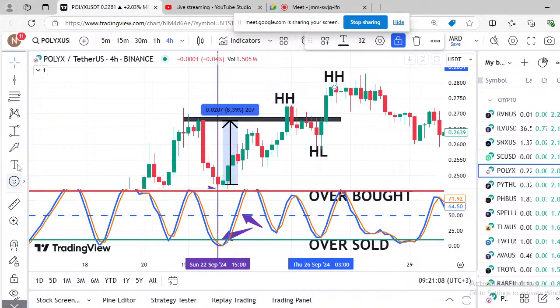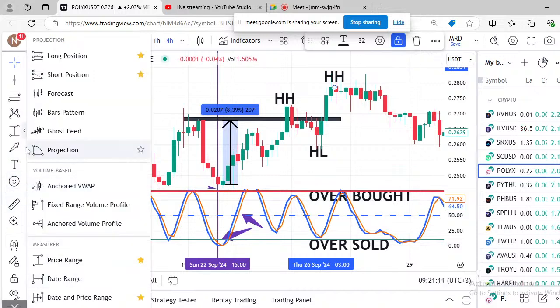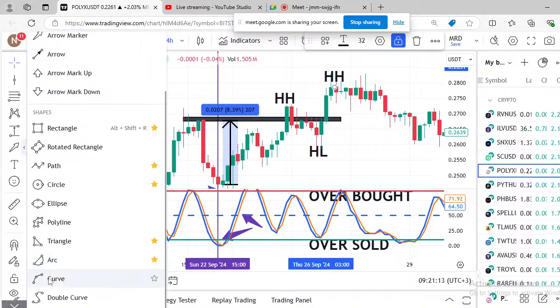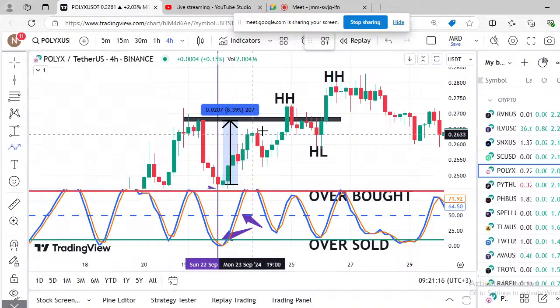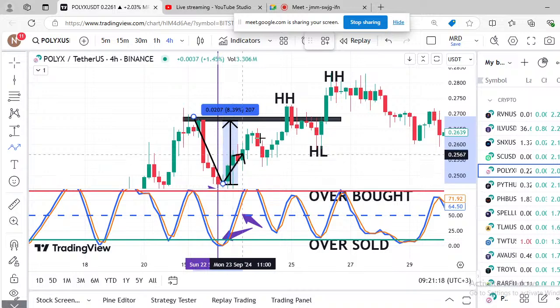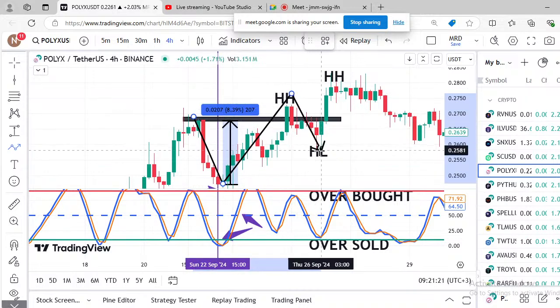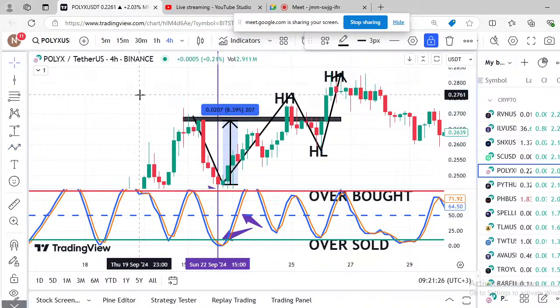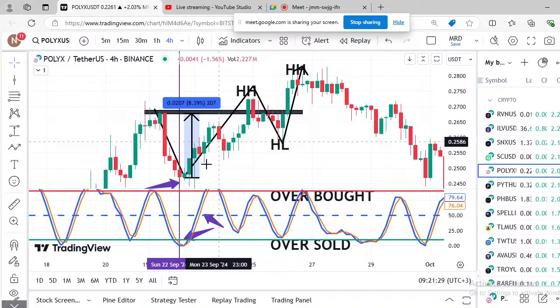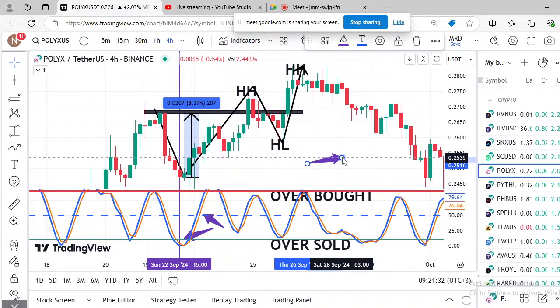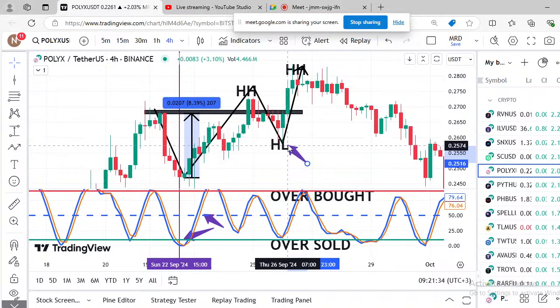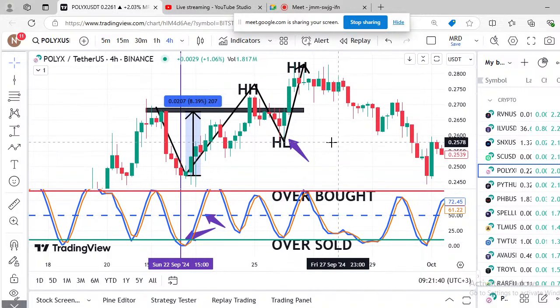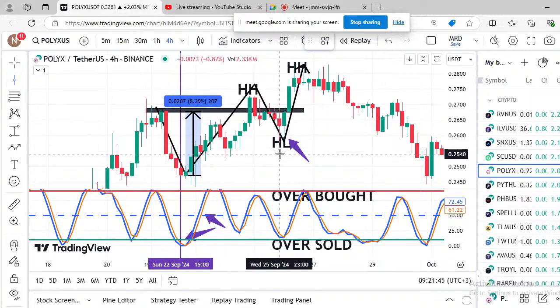Now let me show you. It will always move like that. Down, then it forms a new high, then down, then we form a new high. So that's how the market will always move. Therefore, on this higher low, it was another entry, because the moving averages were in the oversold region.